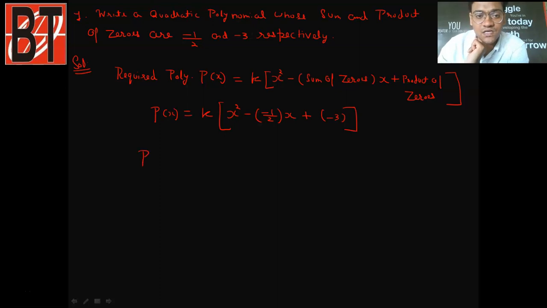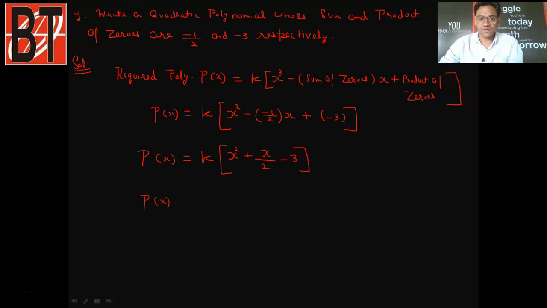Clear, students? Now if I simplify further, it will become x square plus, because minus minus will become plus, x by 2, and plus minus 3, that is minus 3. Now it's up to you. You can take 2 as LCM so that you will be getting the standard form, the general form.